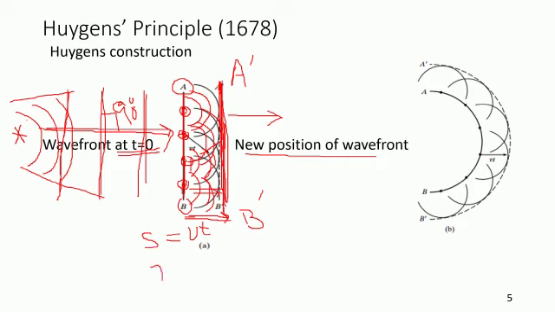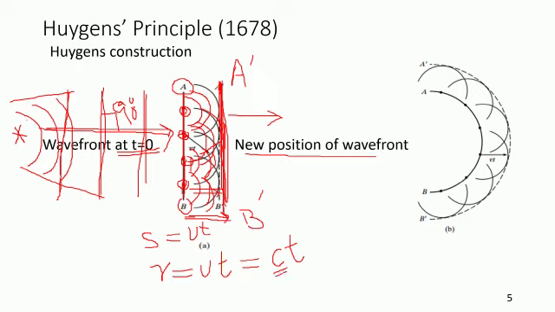So you may see this in books written this way: the radius of the secondary wavelets over here will be v times t. And if this is light moving in vacuum or free space, then this will be c times t, where c stands for the speed of light in free space.